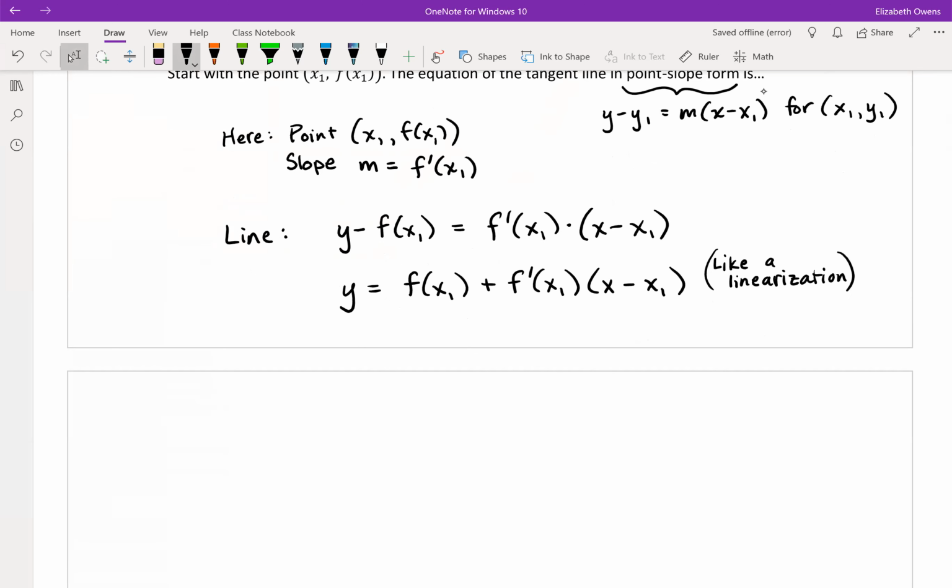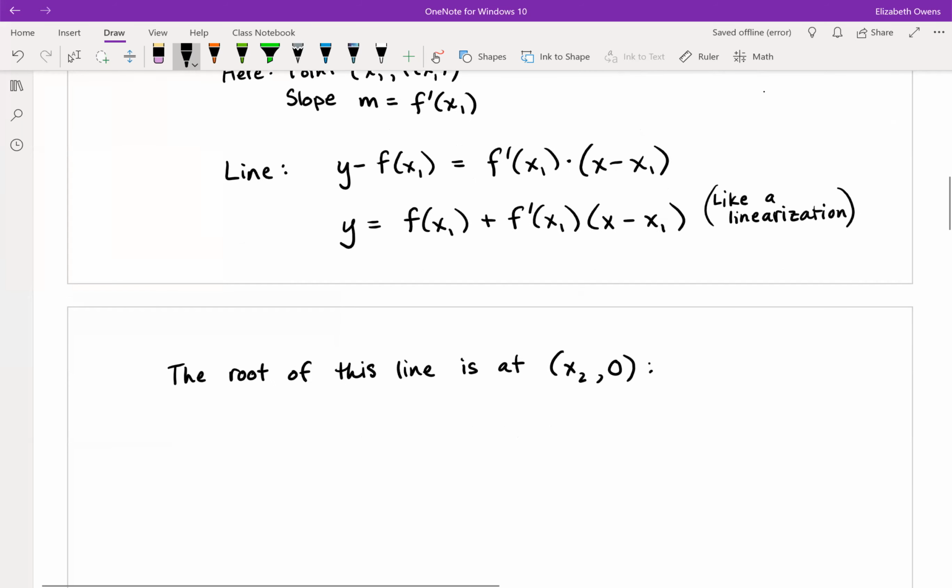So the root of this line that we've just created is at the point x2 comma 0. Because it is a root, the y value needs to be 0. So we could say that y is 0, and the x value is x2.